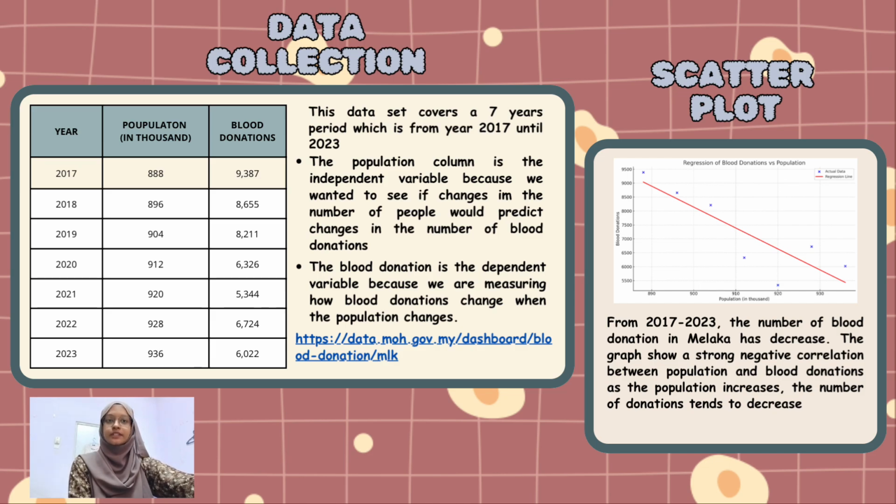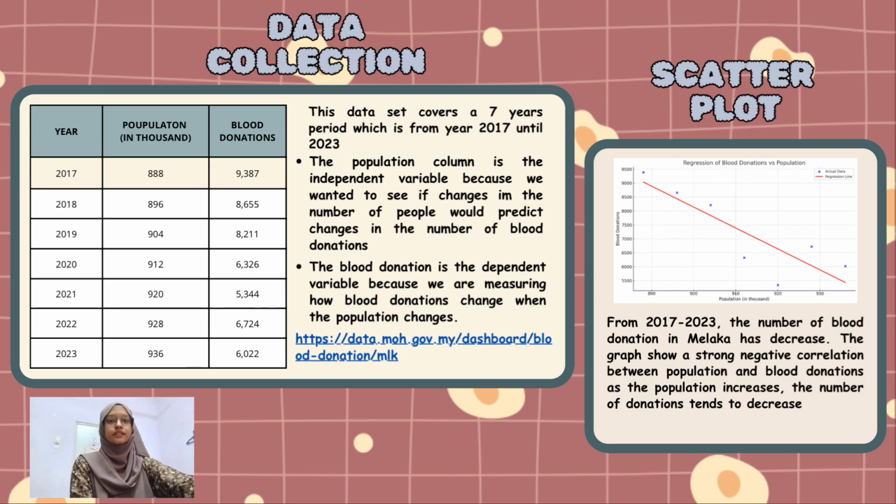Assalamualaikum and hi everyone. Moving on to the next slide, which is the data collection and scatter plot. This slide presents data on blood donations in Melaka from 2017 to 2023. On the left side, we have a table showing the population in thousands and the number of blood donations for each year.